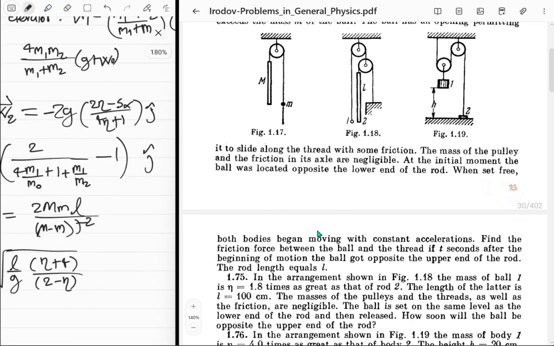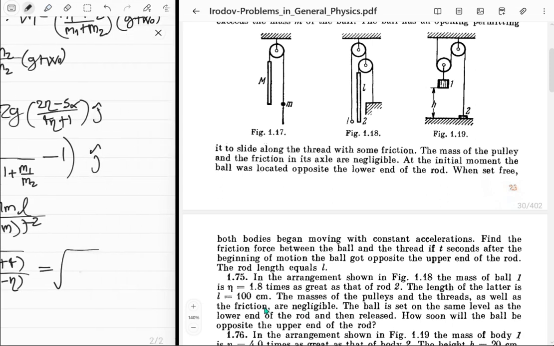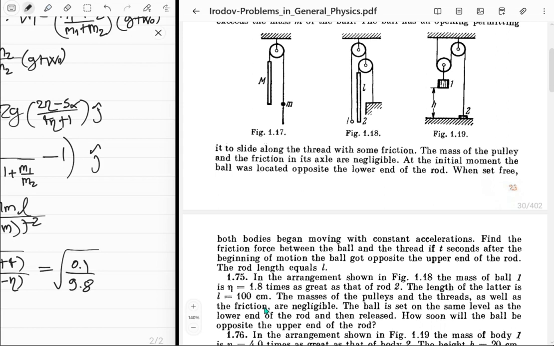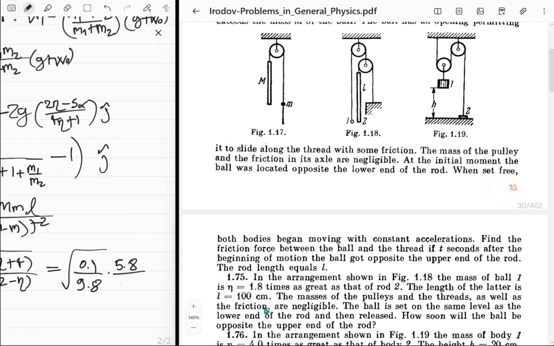Okay, and this will just be equal to square root of, so what's L? L is 100 centimeters, like 0.1. So 0.1 upon, they don't tell us what G is. Oh, come on. Just say it's 9.8. Eta plus 4, that's 1.8 plus 4, which is 5.8 upon 2 minus eta, it's 0.2.